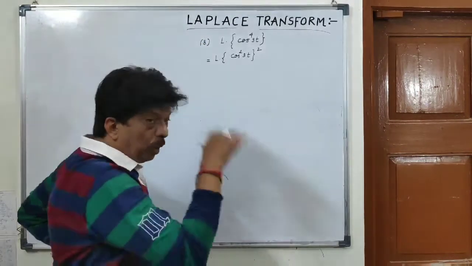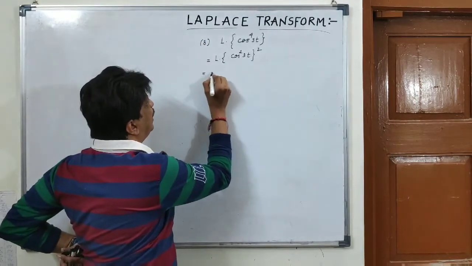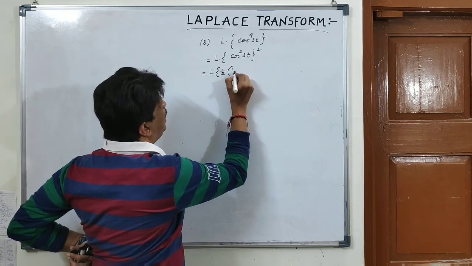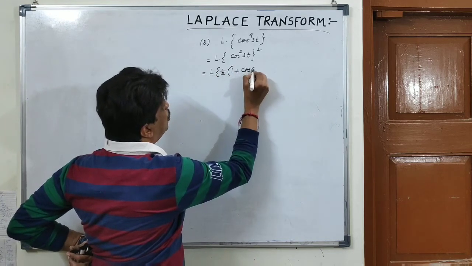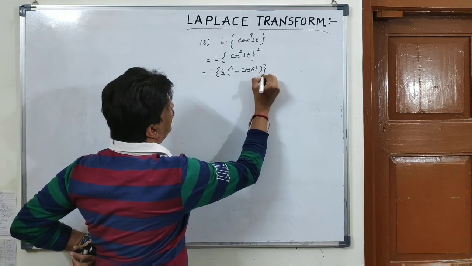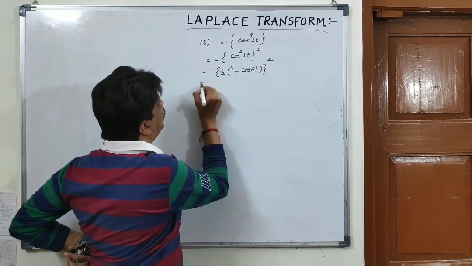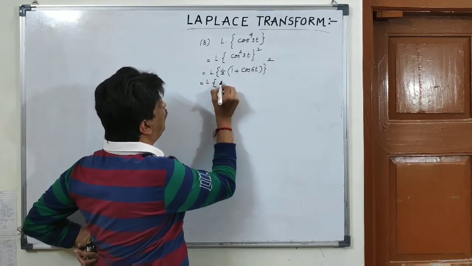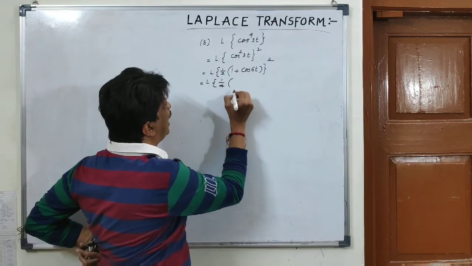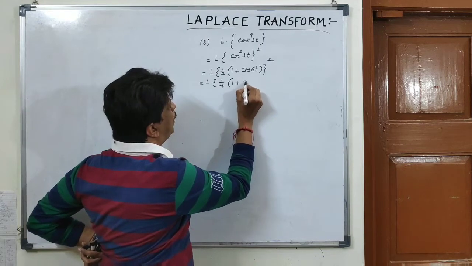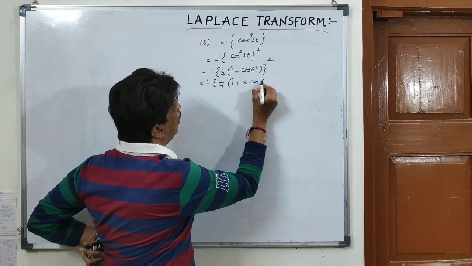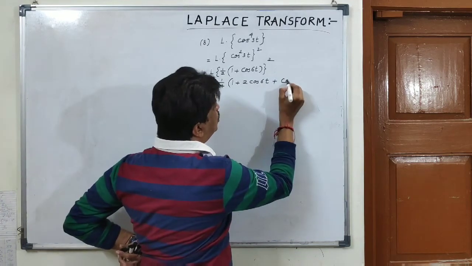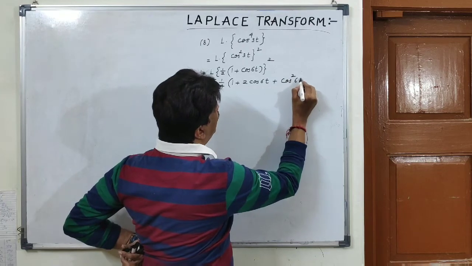Now what is cos square of 3t? Half of 1 plus cos of 6t whole square. That is further equal, now I will square this bracket. Laplace transform of 1 by 4 times 1 plus 2 times cos of 6t plus cos square of 6t.